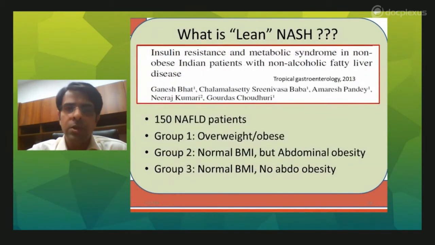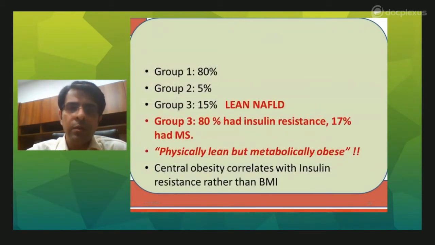So group two were patients who had normal BMI but had abdominal obesity, and group three were patients who had normal BMI and didn't have any abdominal obesity either. And they found that in group one 80% had NAFLD, group two 5% had NAFLD. Group three, which is normal BMI and no abdominal obesity, still 15% of them had NAFLD. So this is what is called lean NAFLD.